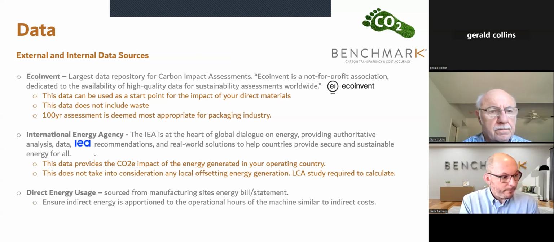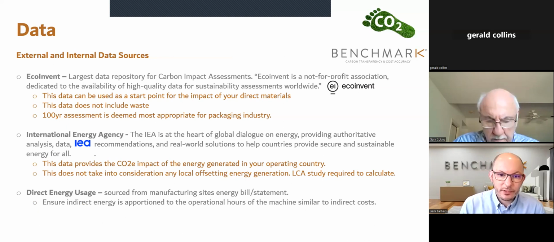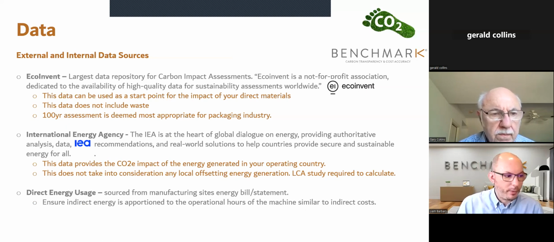So if you look at these sources of data, we can find out what the materials are, and the carbon impact for the materials that are used in our process. We can get that from EcoInvent. With a combination of EcoInvent and the International Energy Agency, we know per machine hour how much energy or CO2e will be used.